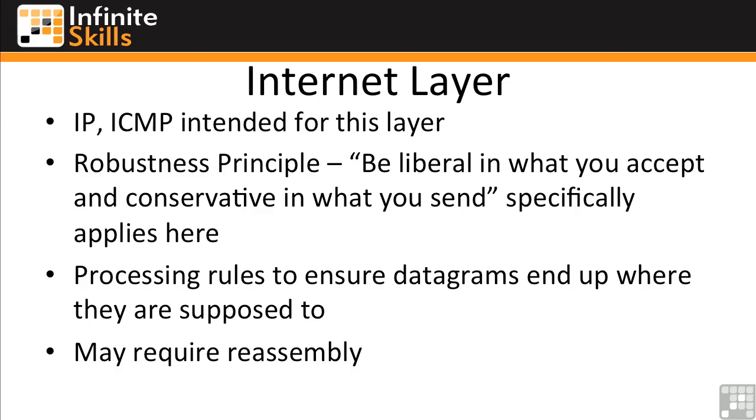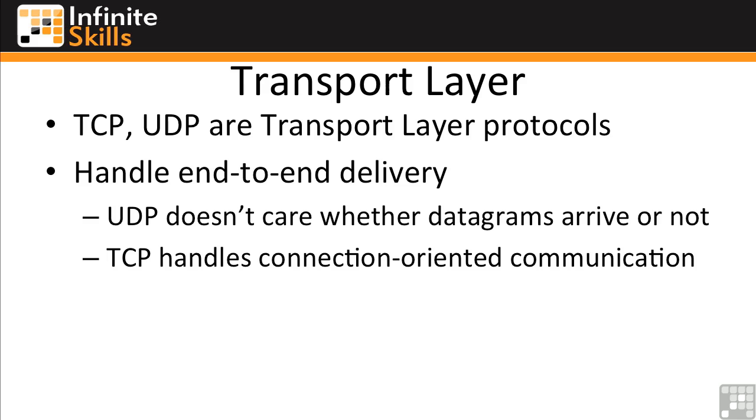So the internet layer specifies processing rules, and that helps ensure that datagrams end up where they're supposed to. Although different datagrams may actually require reassembly at this layer because they could end up being fragmented. Now we have a transport layer, same as the OSI model. TCP and UDP are transport layer protocols, and they handle end-to-end delivery.